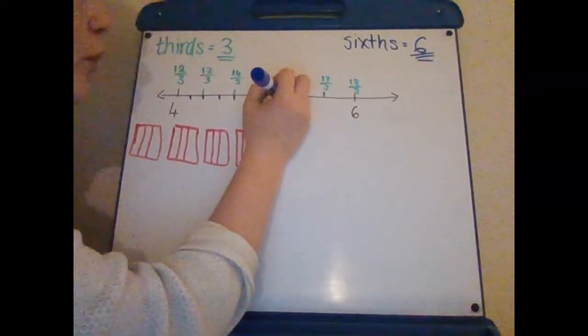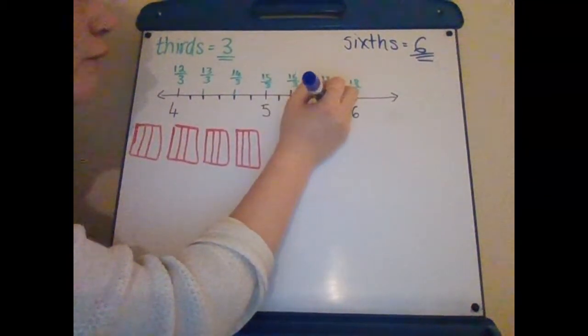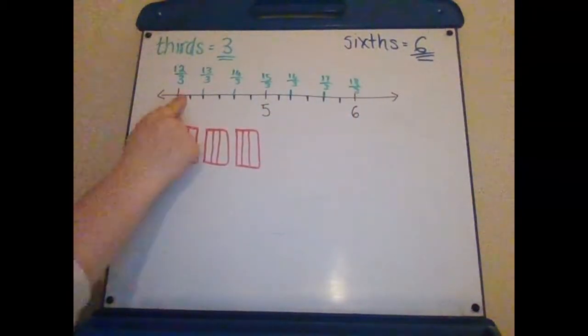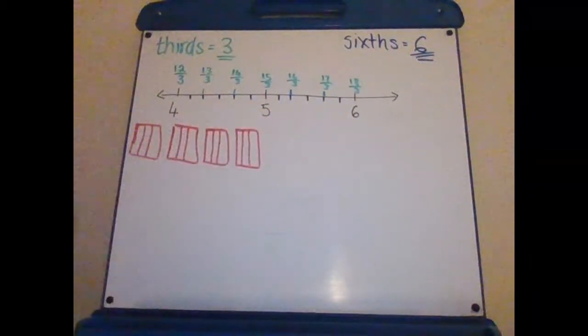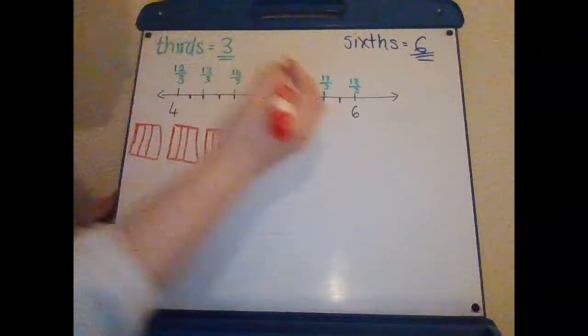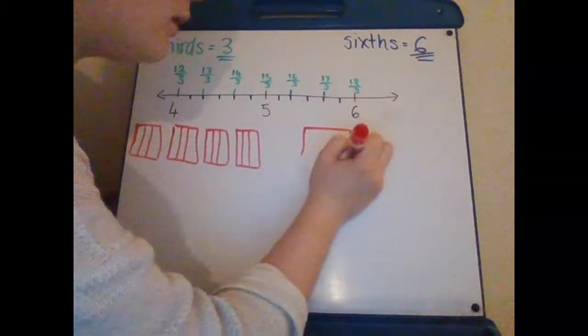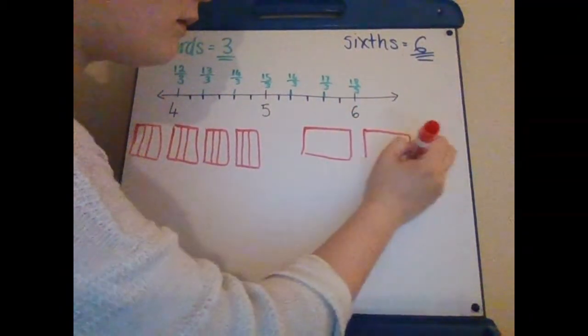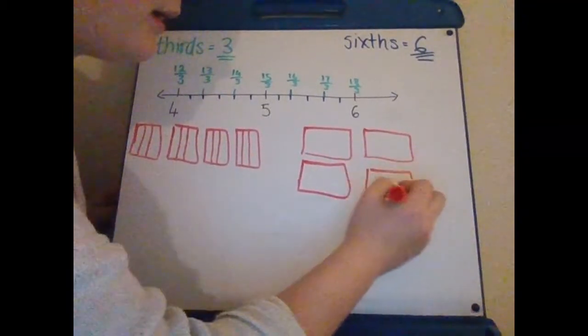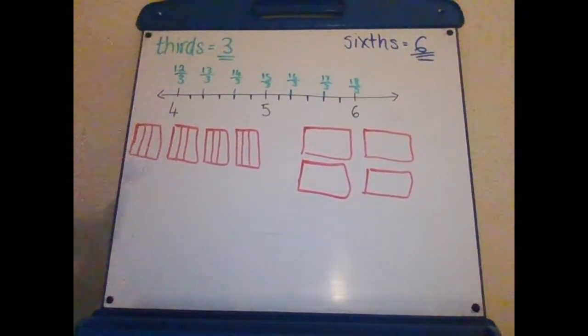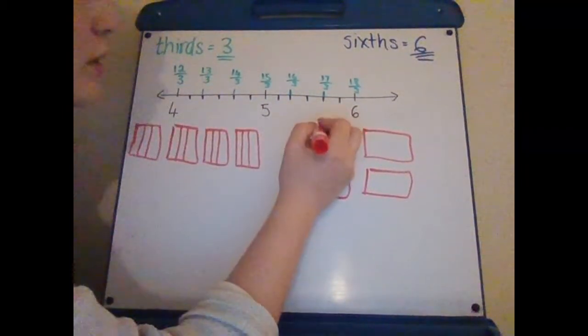Same thing over here. 1, 2, 3, 4, 5. 1/6, 2/6, 3/6, 4/6, 5/6, 6/6. Okay, now I have them in there. However, I'm working with 4 wholes. All right, so let's see. 4 wholes, split up into 6 to see how many parts I have in 4 wholes.